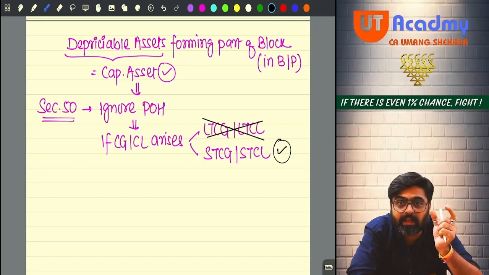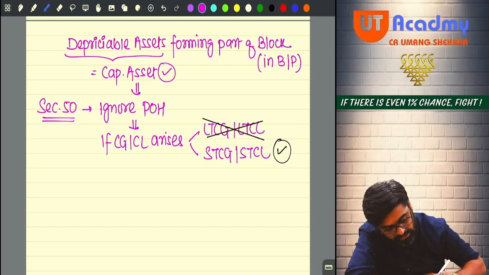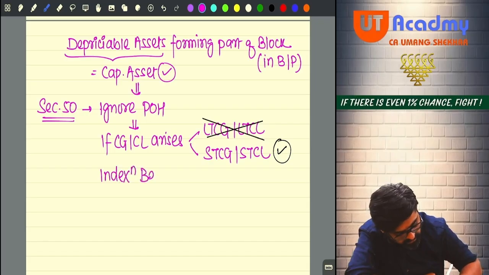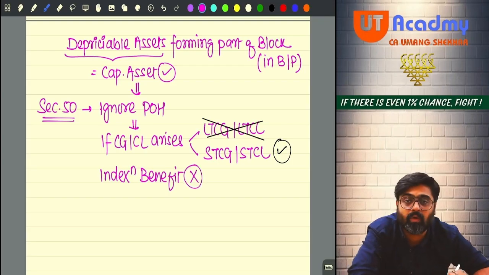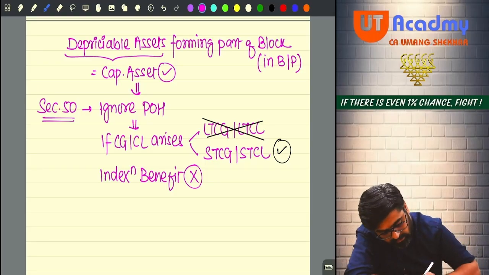And if the gain or loss will always be short term, forget about any indexation benefit. No indexation benefit will be granted, because indexation benefit is granted only in the case of calculation of long term capital gain, and for them the long term capital gain cannot be calculated. The resulting gain or loss will always be short term. There will be no indexation benefit available for these assets. This is what is written in section 50.